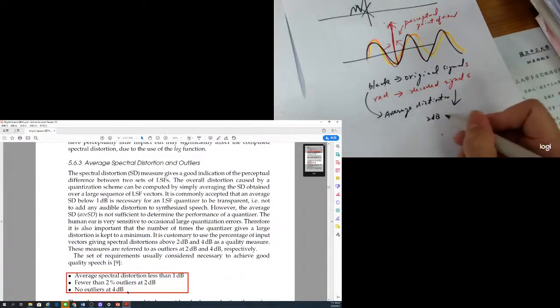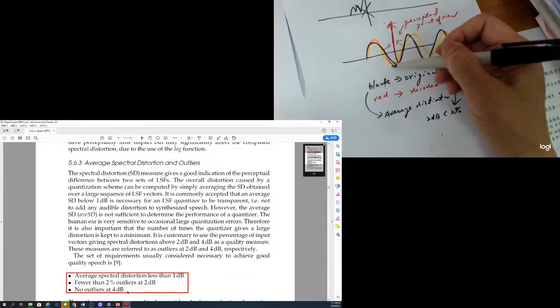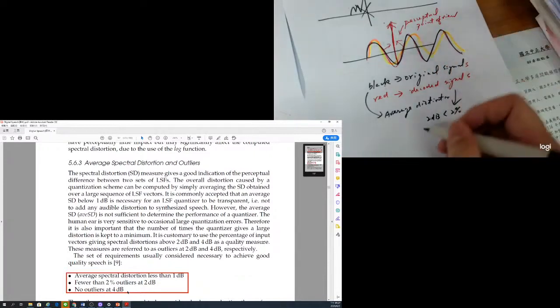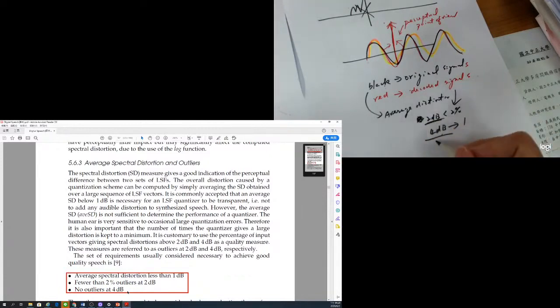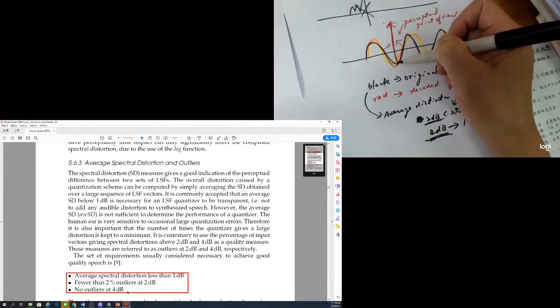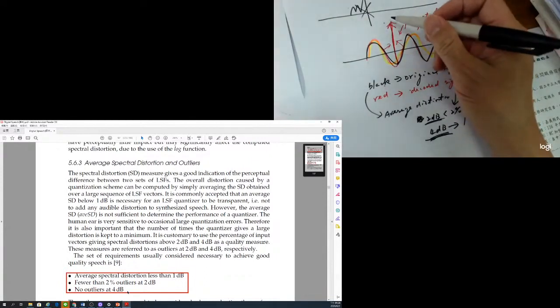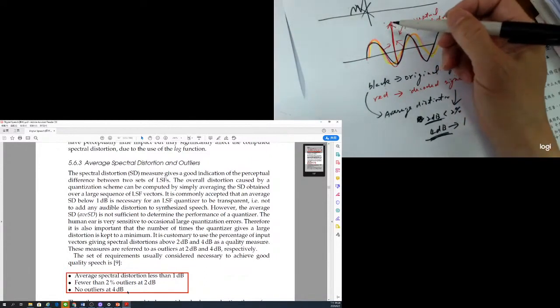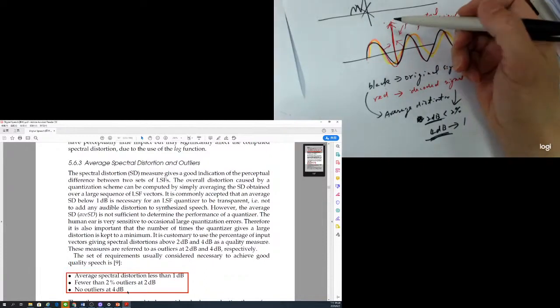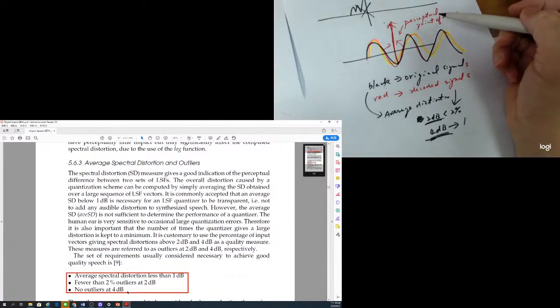2 dB below 2%. 2% means the number of speech frames. You should not have one bigger than 4 dB. If you have one big noise here, that kind of recovered signal, from the human perceptual point of view, is not good.